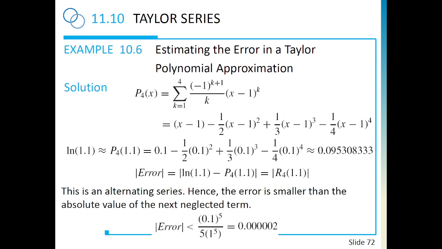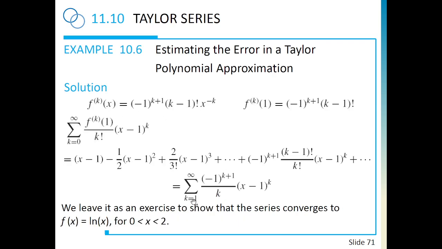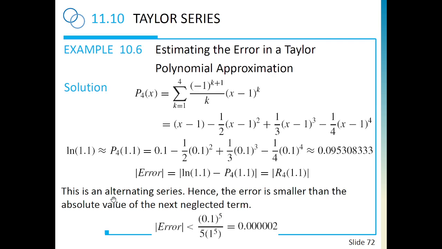So now they asked to use polynomial degree 4, so from this series, I add from 1 to 4. So I have my polynomial degree 4, you see here, x minus 1 to power 4. So I use the 4 terms at the beginning, so I have the power 4 here. So this is the polynomial that I will use to approximate the value of ln 1.1.